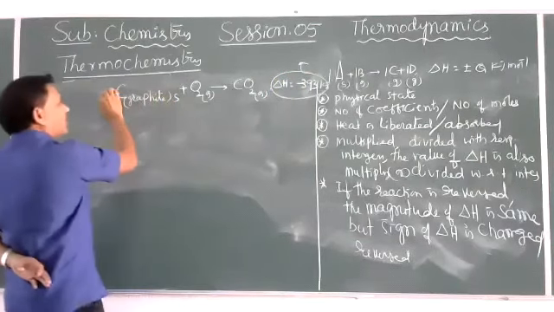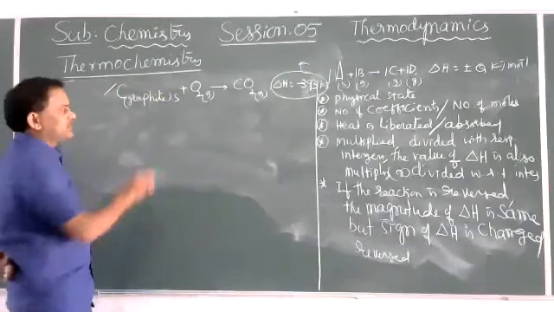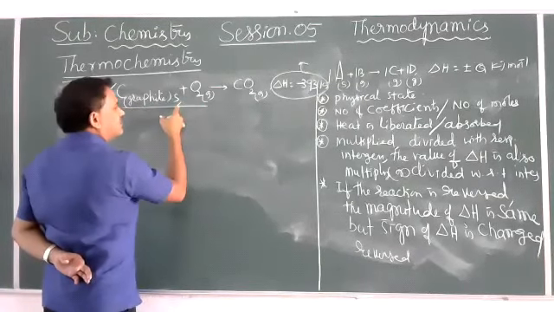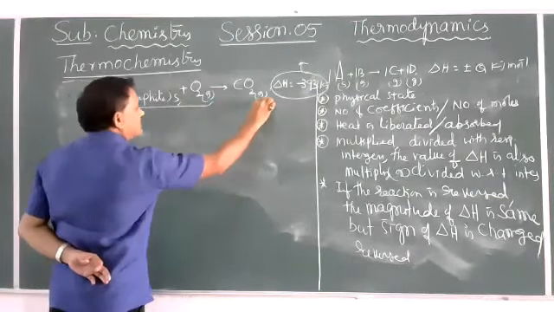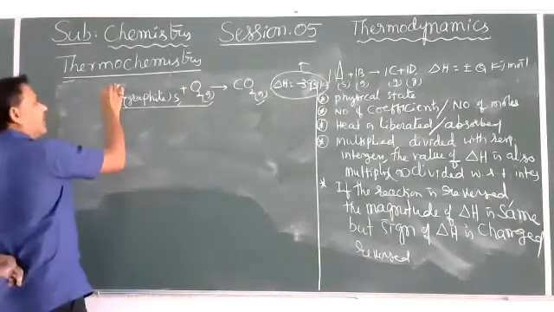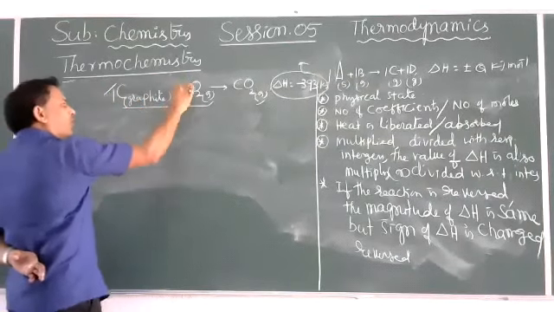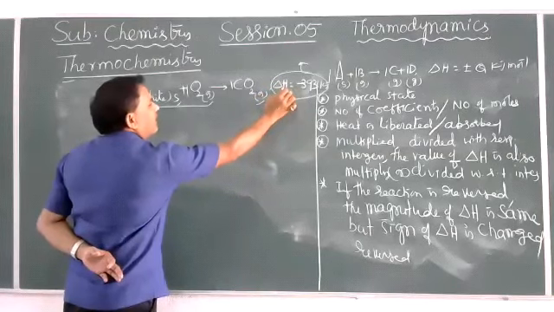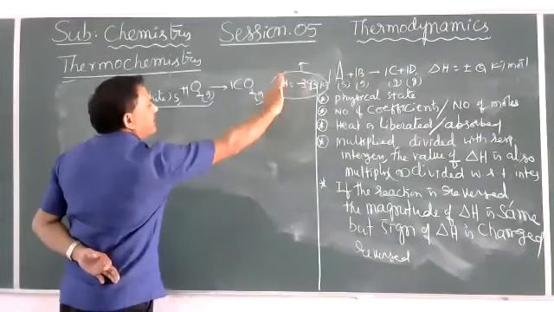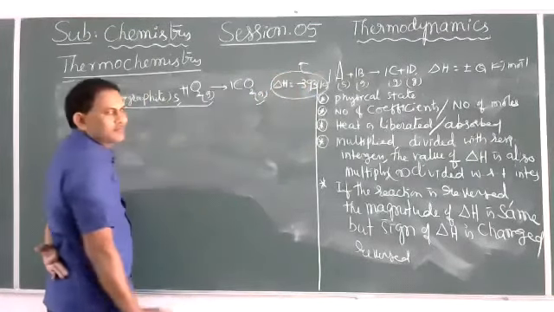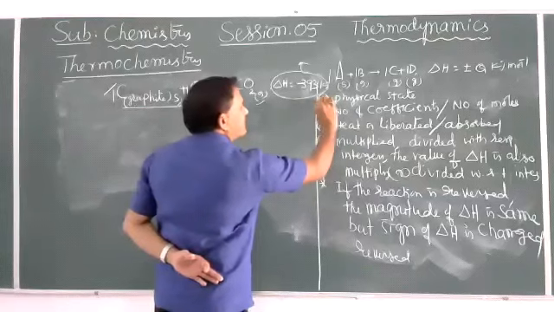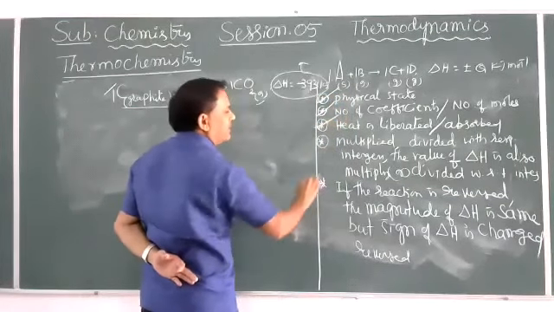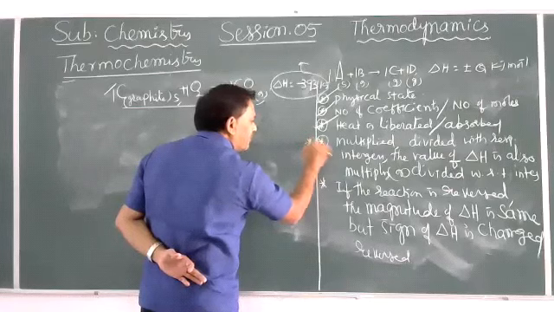It is a thermochemical reaction because the physical states of reactants and products, solid, gas, gas, are mentioned, and the number of moles, 1 mole, 1 mole, 1 mole, are mentioned. Also the enthalpy, heat liberated or absorbed, is mentioned. That's why physical state, number of coefficients, and heat liberated or absorbed are very, very important.